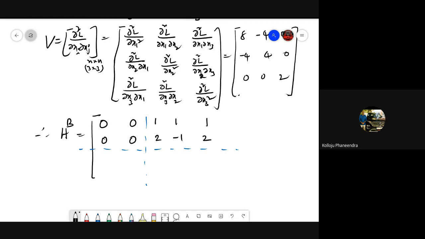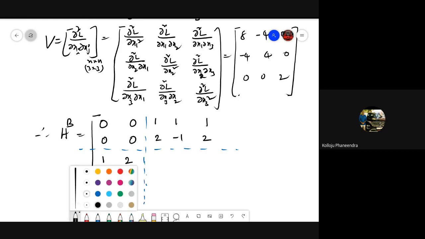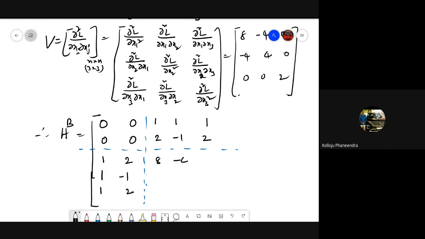Then U transpose: 1, 1, 1; 2, minus 1, 2. Now here what I have to write? V matrix: 8, minus 4, 0; minus 4, 4, 0; 0, 0, 2. Now this is the bordered Hessian matrix. What is the order? 5 rows and 5 columns.